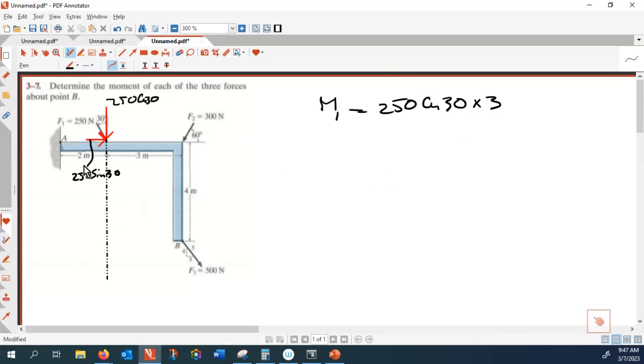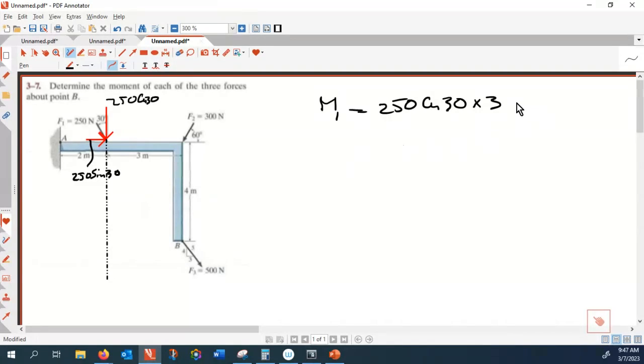What about the horizontal component? With respect to B, does this rotate my frame clockwise or counterclockwise? Clockwise. So that's negative. Just hold this frame here, and then push the paper. The entire thing is clockwise.